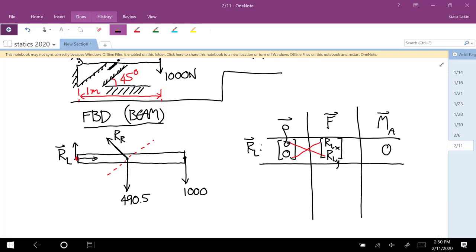And then we have the weight force. The vector from the about point to where the weight is applied is positive 0.5, 0. And the weight force is 0, negative 490.5.